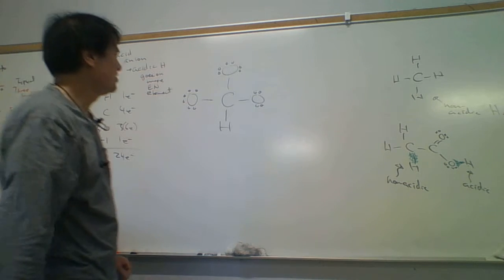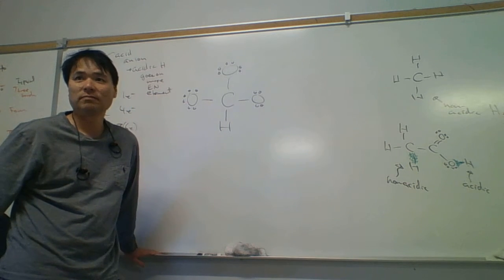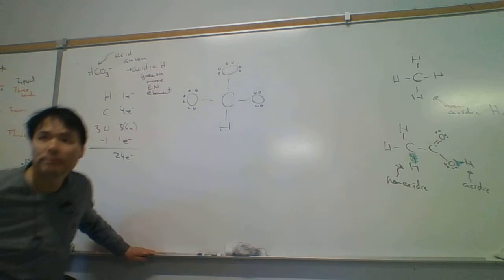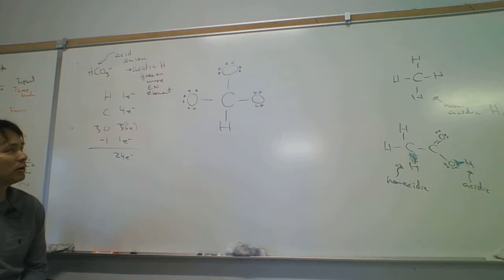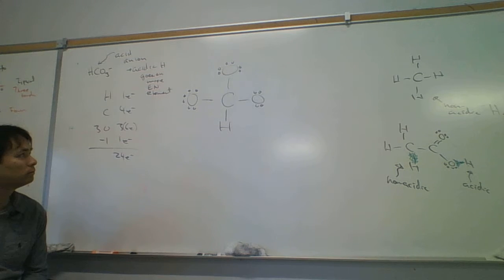So how am I going to do this? How can I make an octet? Somebody help me here. How can I make an octet around that right oxygen? Yeah, I can't. I can't make this structure work. You can add to the carbon.